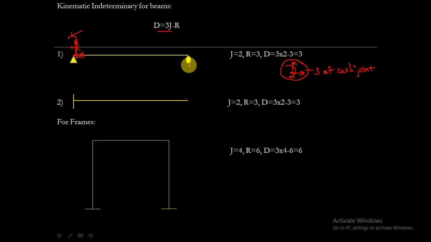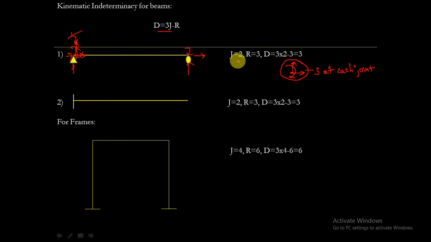Coming here, it can move horizontally easily, but it can't move vertically, so there are reactions. Here there will be 2 reactions. Here it can rotate and move horizontally. At this joint it can only rotate, and at this joint it can rotate as well as move in the horizontal direction. So the degrees of freedom for this structure is 3.